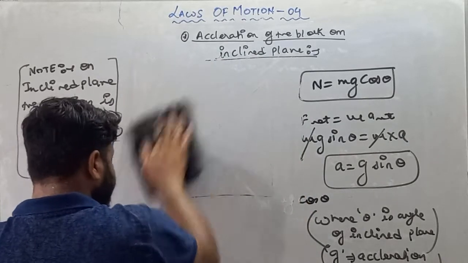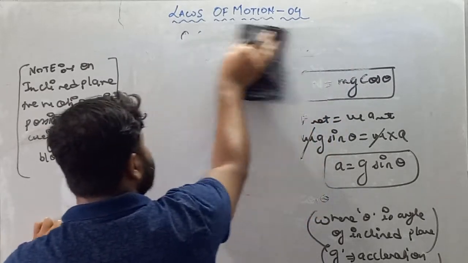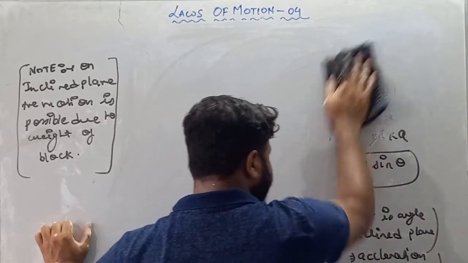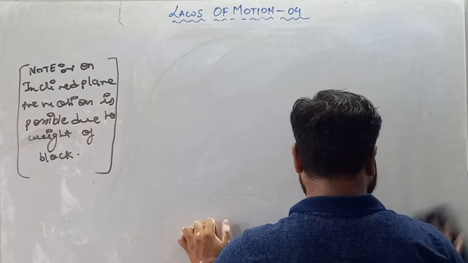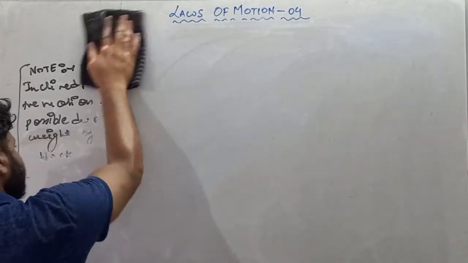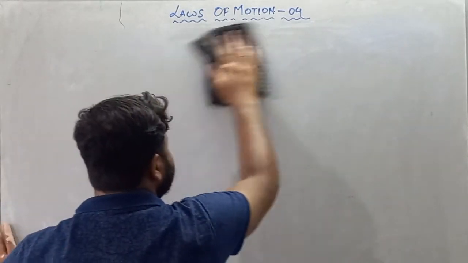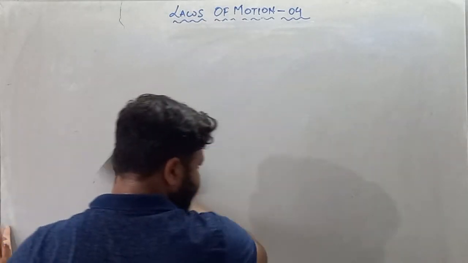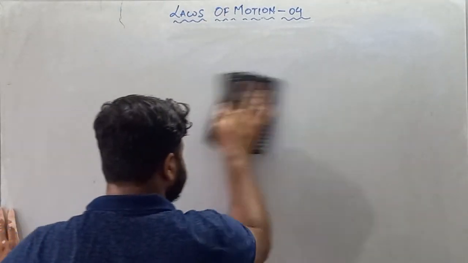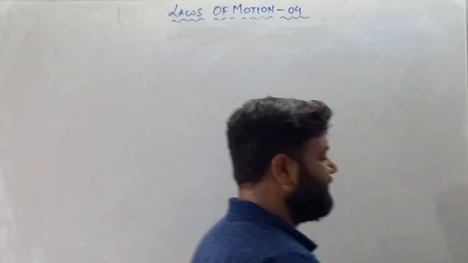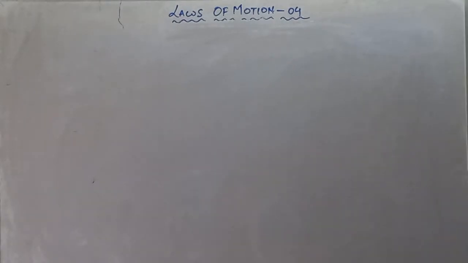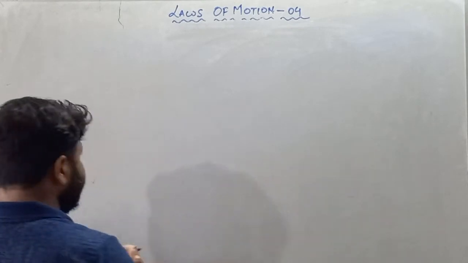So check it out. One numerical, write down: find the acceleration of the block placed on an inclined plane, having angle of inclination 30 degrees.